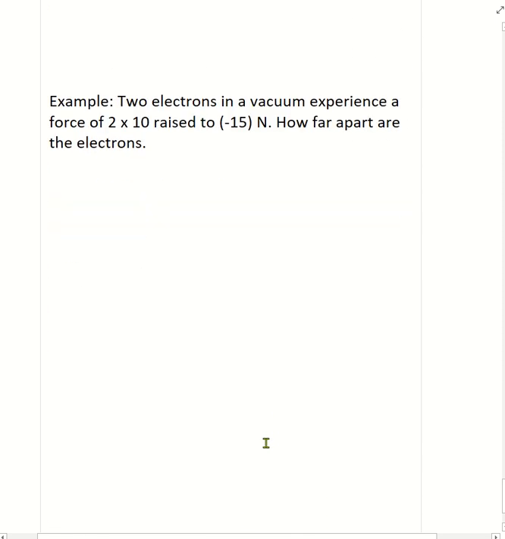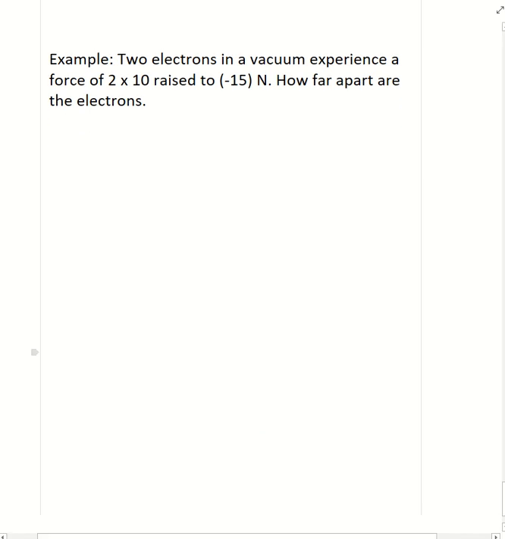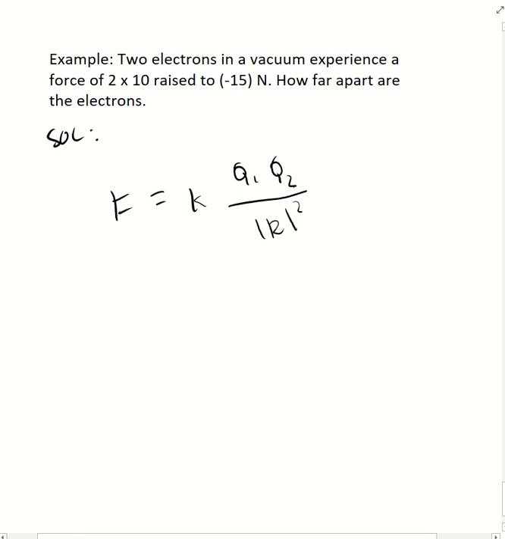And another problem here. Two electrons in a vacuum experience a force of 2 times 10 raised to negative 15 Newton. Now the question is, how far apart are the electrons? If you use the formula again, the magnitude F is equal to K Q1 times Q2 all over the distance squared.